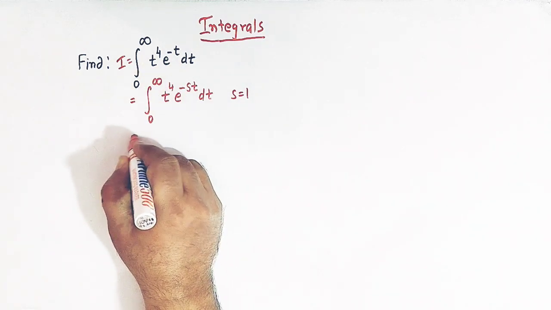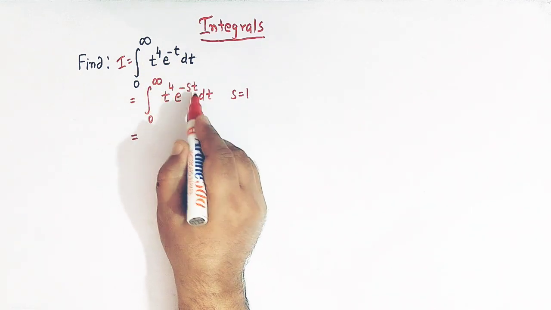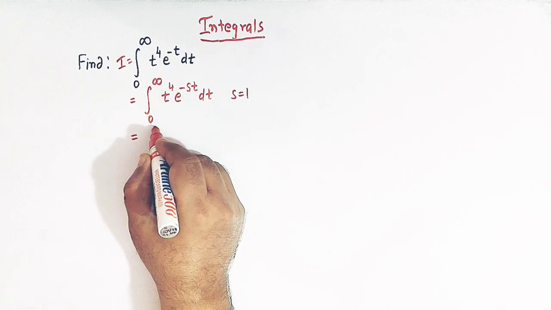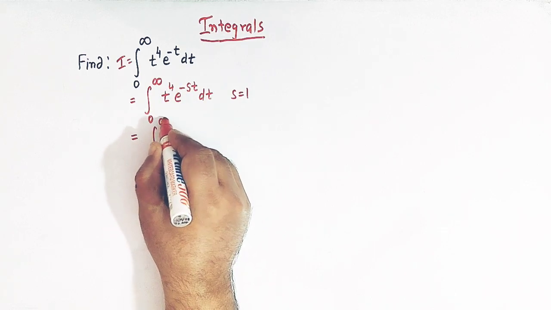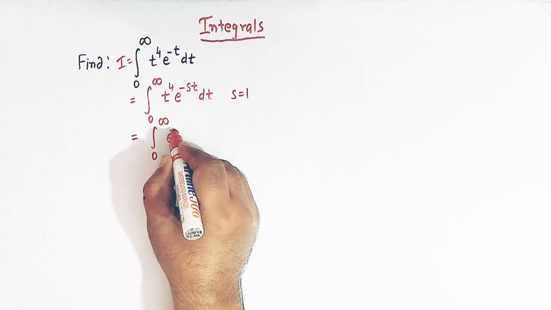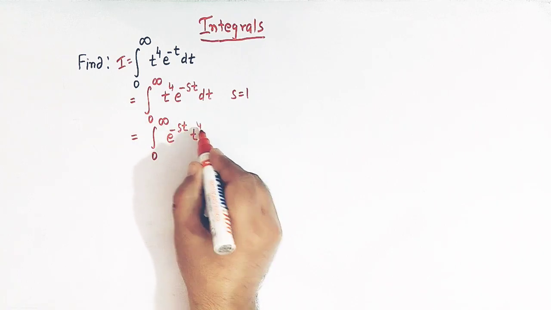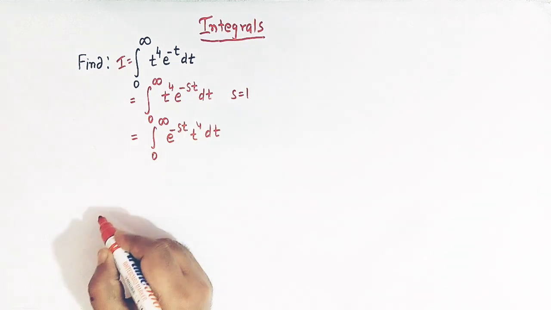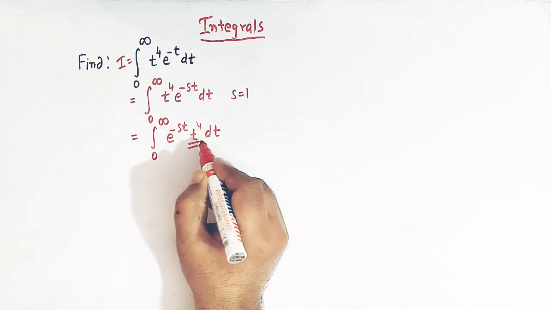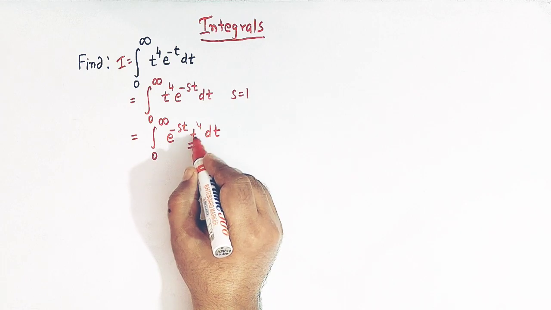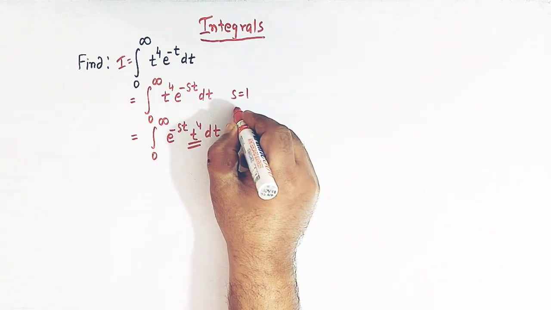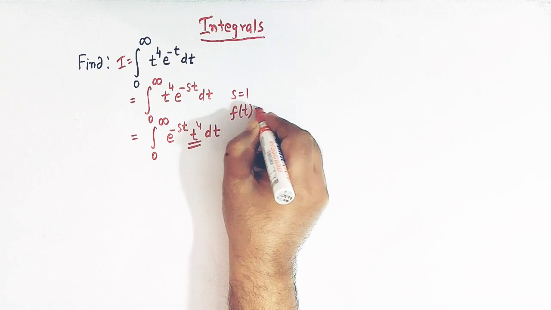Now let us rearrange these terms. We can write 0 to infinity, e raised to minus st and t raised to 4 dt. Here we have this function t raised to 4, so let us take this function as f of t.